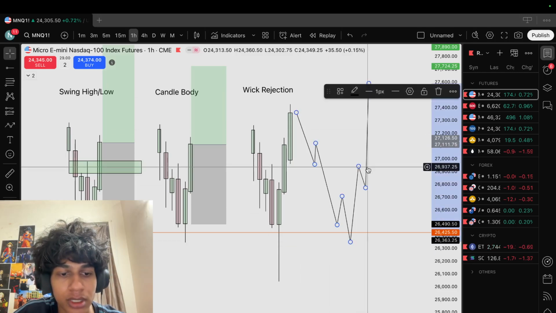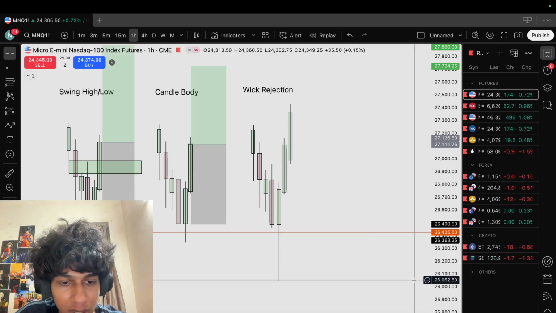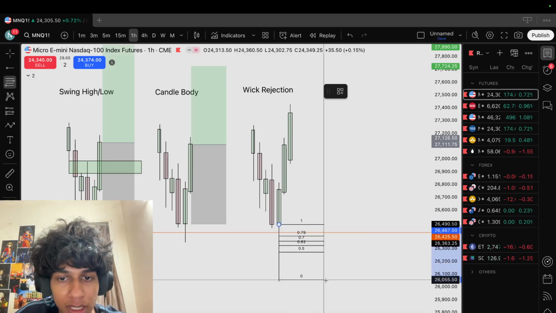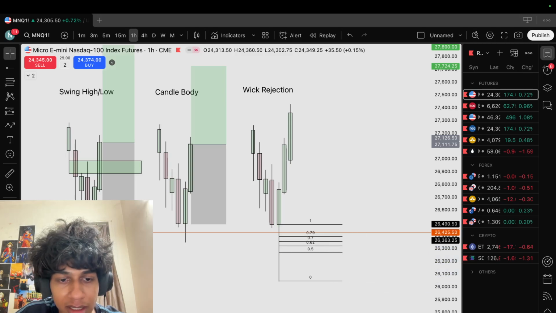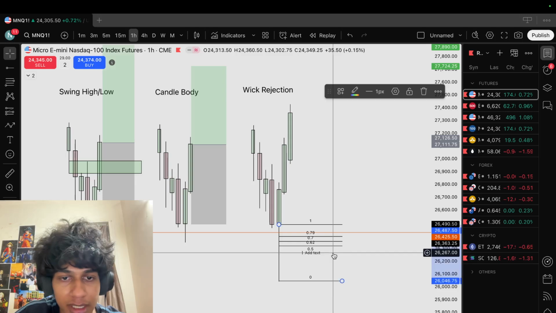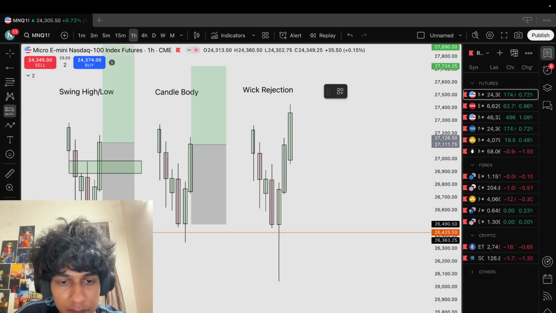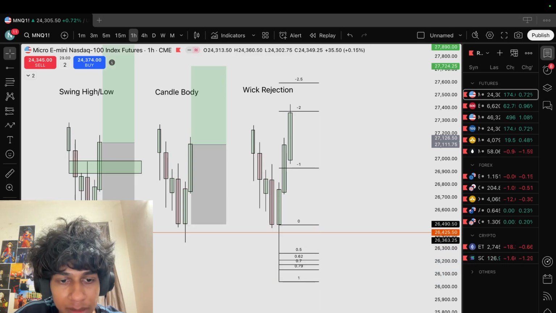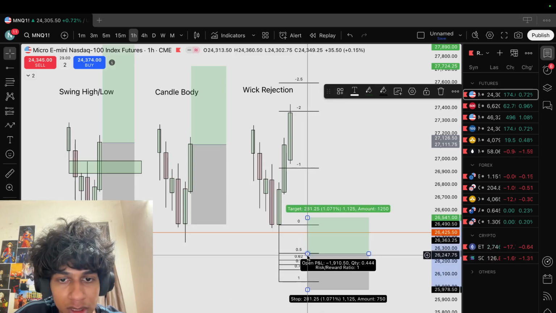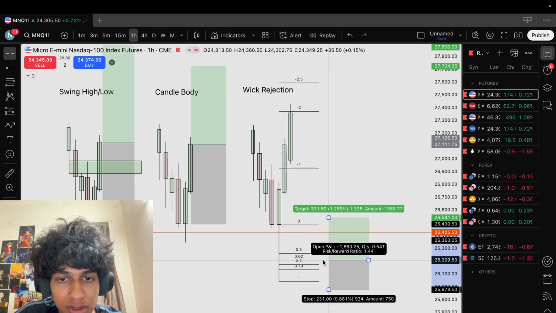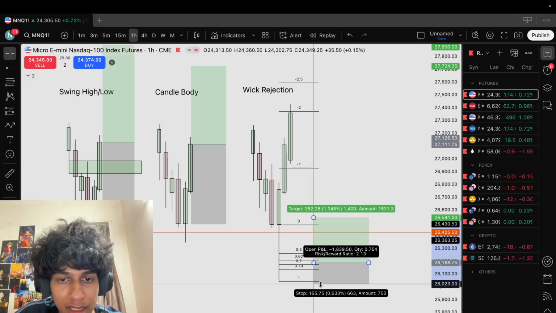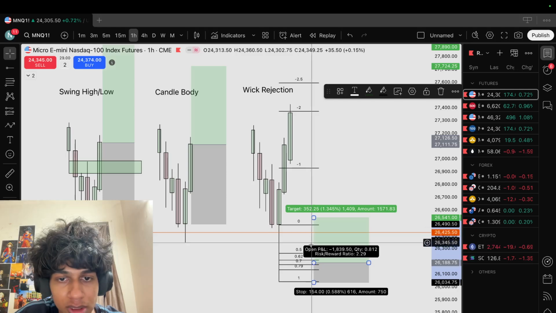So what you can do is take your fib tool and draw from the body high to the wick, and you can keep your stop loss below the 50% mark. Actually, I did it the opposite way. One second. Start from the body, move it higher. So anything below 0.5 works. Keep the stop loss below 0.5; 0.62 or 0.7 is even better. And that's your stop loss.